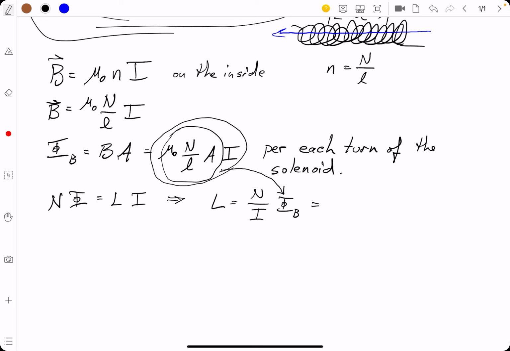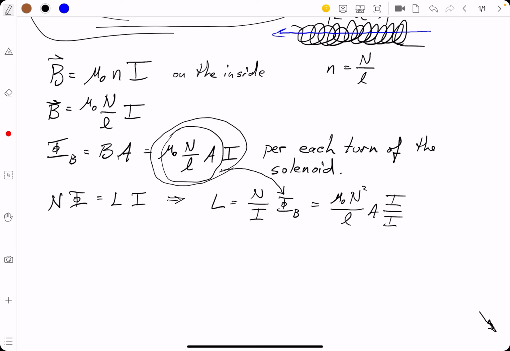So now we've got mu naught, N times N, so I've got N squared, divided by L. I've got area, and I've got I on top and I on the bottom, and so that's going to cancel.